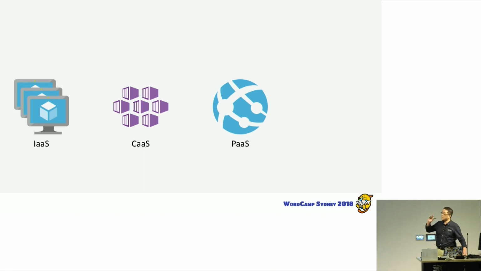They do all the dirty jobs. We only focus on the code itself: our business logic, business operation, and WordPress code. The downside of PaaS is that we don't have any control, but it's more convenient. So that's the difference between IaaS and PaaS.